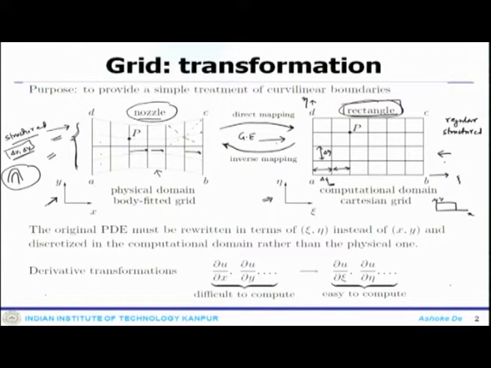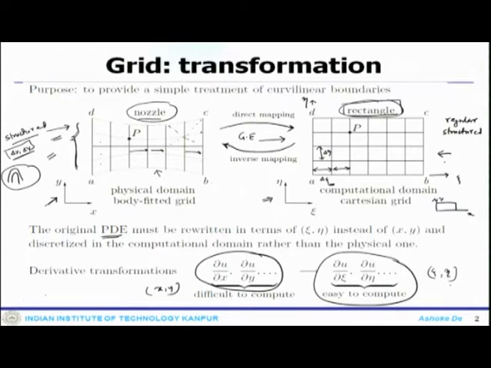And how do you do that? All these PDEs essentially consist of some sort of derivatives, whether the first derivative or the second derivative. So, you need to transform these derivatives, which are the core ingredient of your PDEs or the governing equations, from the xy system to the xi eta system.